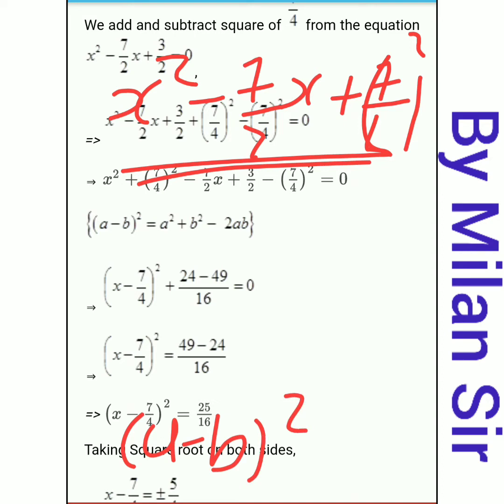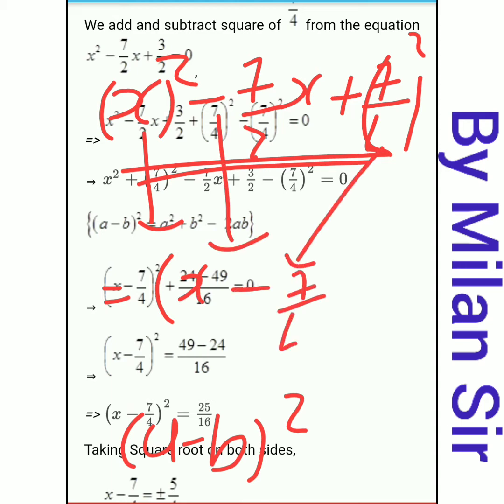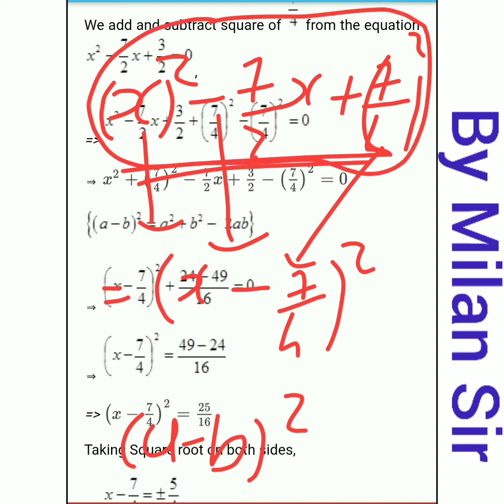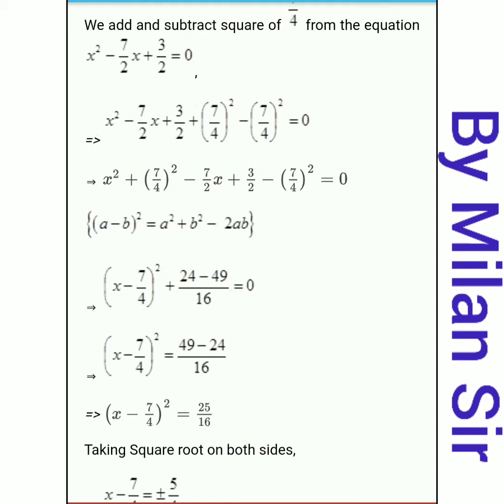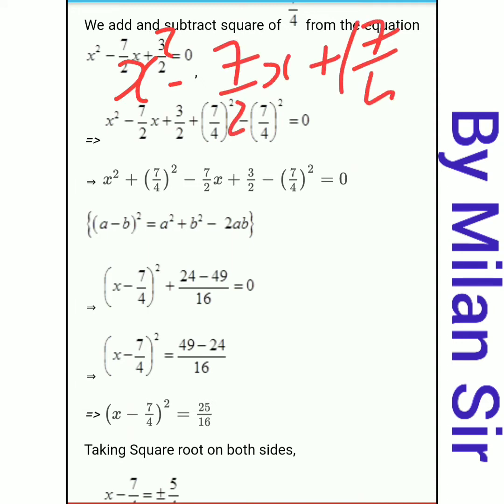So how do we need to write the answer? First of all, we need to put the bracket, x all square. So first we write x, then the middle term sign, then the last term (7 by 4) all square. In place of these 3 terms we can write like this, (x minus 7 by 4) all square. x square minus 7 by 2x plus (7 by 4) all square.